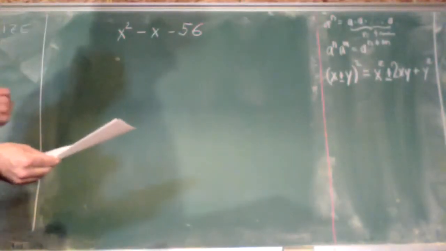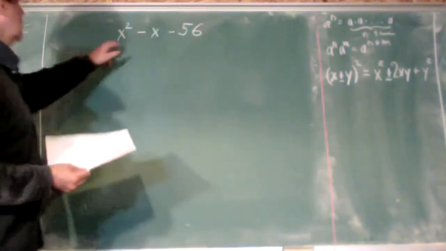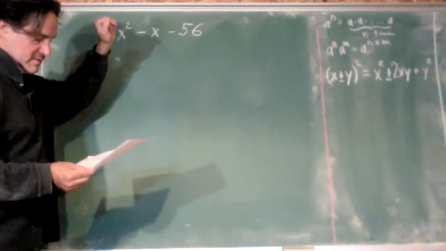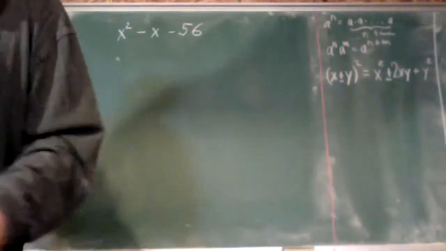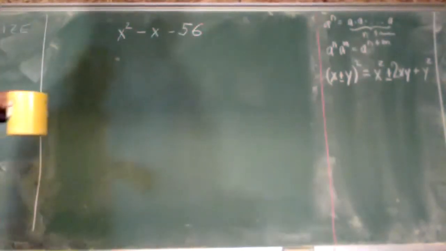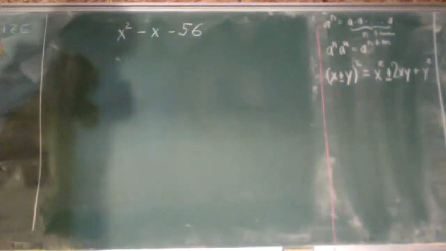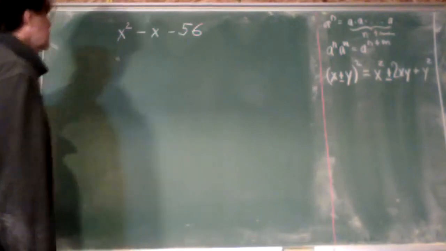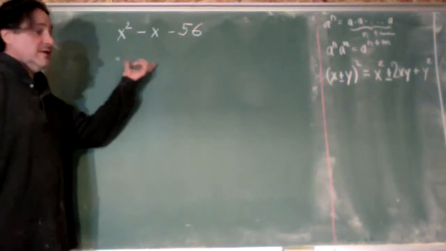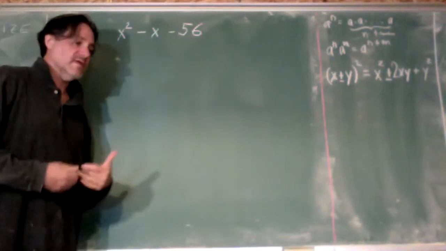Problem 8 asks us to factor the trinomial x squared minus x minus 56 if possible. I'm going to imagine that most of you can probably eyeball this to see what the factorization into a pair of linear factors should be.